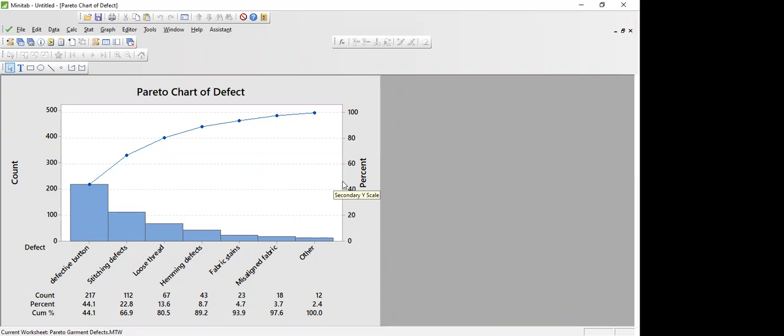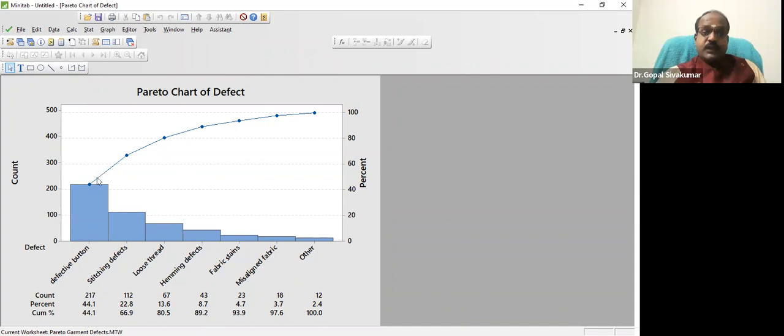Yes. Very good. So this 44 is called cumulative percentage. You can see a thin blue curve here that is going on, isn't it? Every dot here represents cumulative percentage. Now the next important problem in terms of frequency is stitching defects.